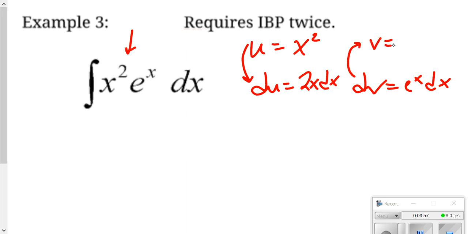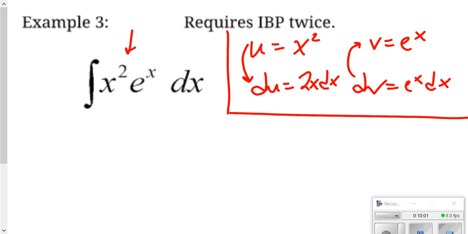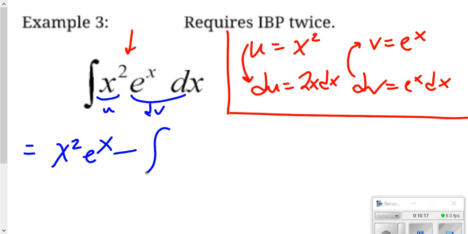We don't have to worry about the plus c if we're in the box. Then we're going to follow the rule. Okay, so that integral, which is in the form of u dv, no other parts other than that, is going to be equal to u times v minus the integral of v du.